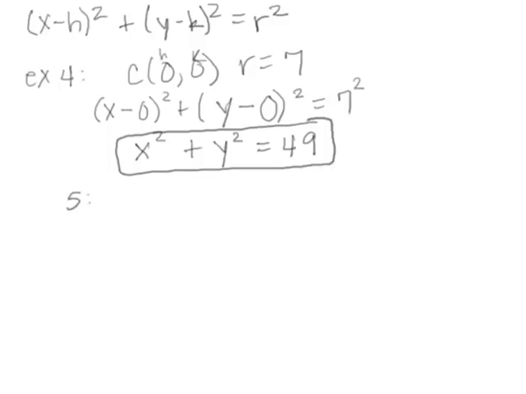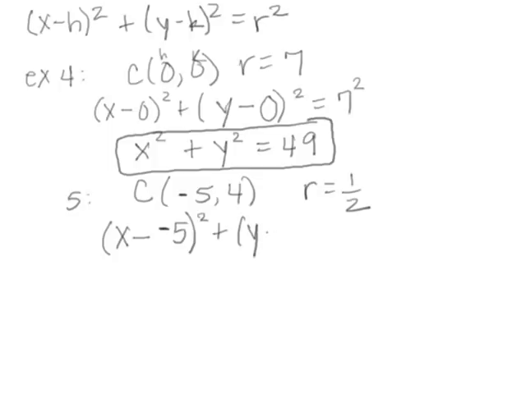Let's do example 5. Let's say the center is at negative 5, 4, and the radius is equal to 1/2. All right, let's go back to our form. So it's x minus h, where h is negative 5. We'll square it plus y minus k, where k is 4.